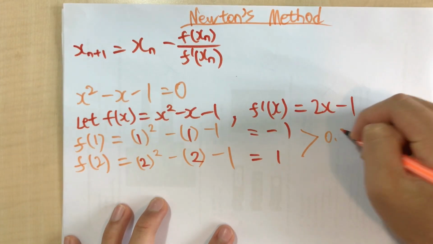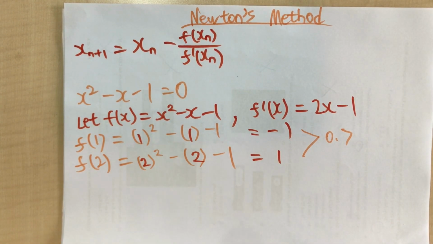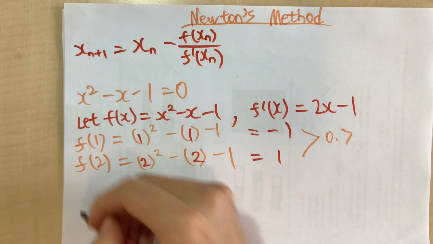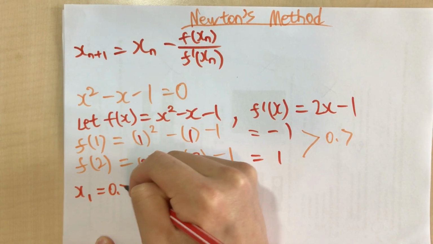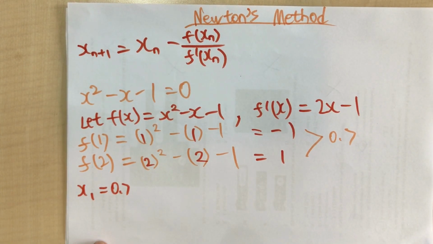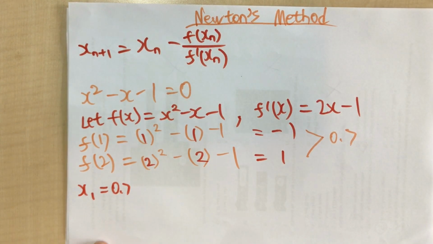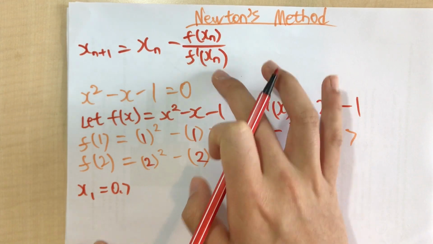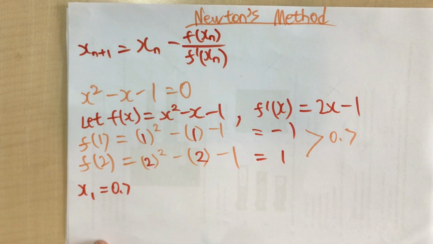Perhaps I like 0.7. And then the fourth step, we will say x sub 1 equals 0.7, the number we picked. Now this is at some point close to the solution, right? But every time we find a new value by this formula, it will be closer to the solution.